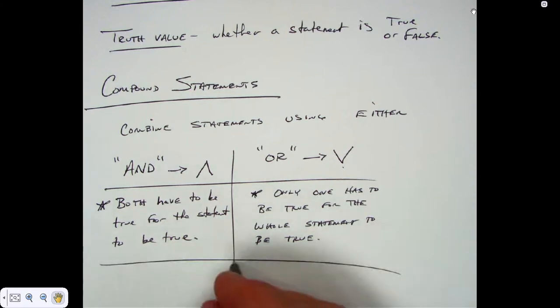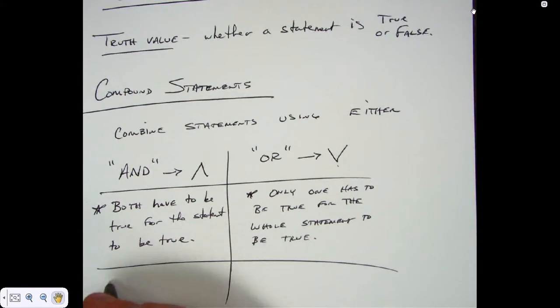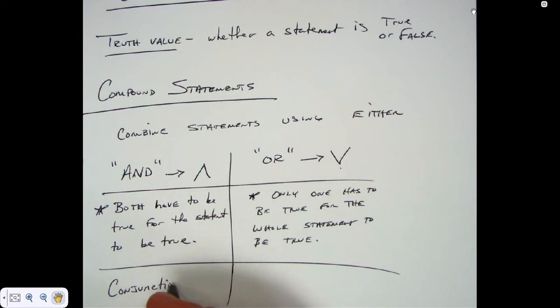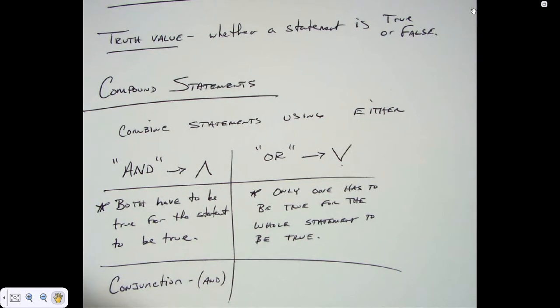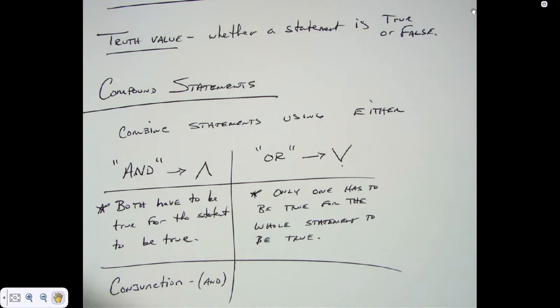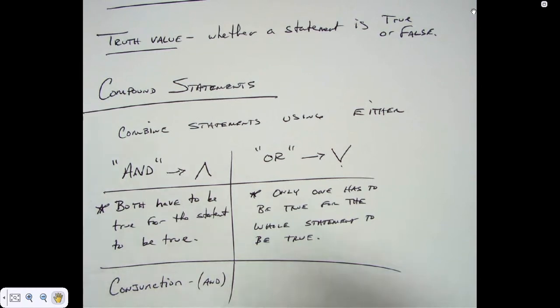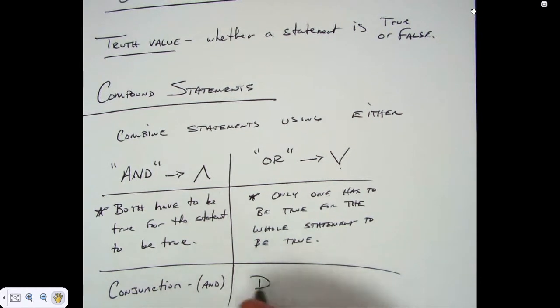Something using the word and is called a conjunction. It uses what? And. Something that uses the word or is called a disjunction.